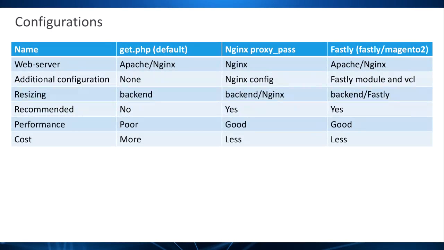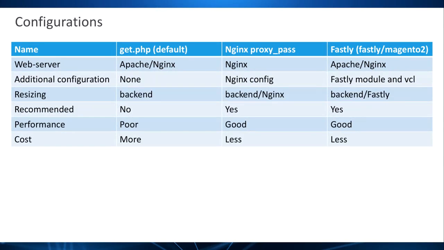And once you configure it properly in Nginx or Fastly, it will resize on the fly. The greatest advantage is that it will cache it properly, and it will not store it in your file system. It will not have any additional hidden costs because you don't really need to store them. It will be stored on the edge cache side.